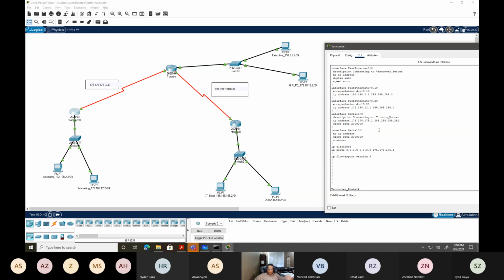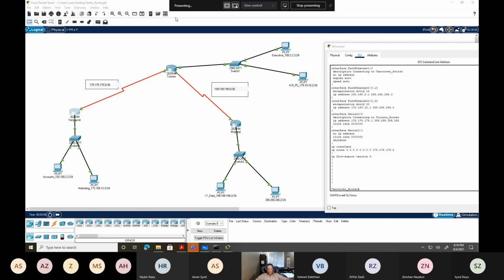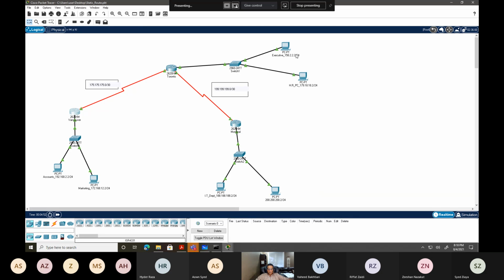Where's my same subnet, my friend? Where are you looking at? Well, it's not so clear here because it's so small. This is 158.2.2.2/24, and he's trying to go to the IT department, which is 188.188.188.2.